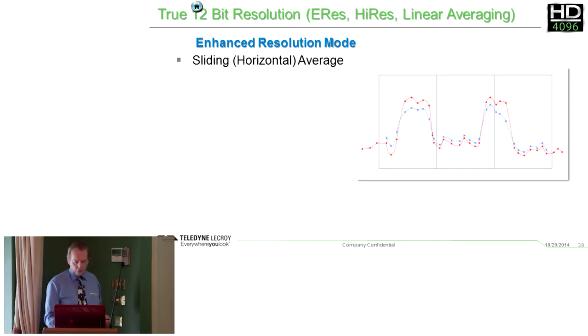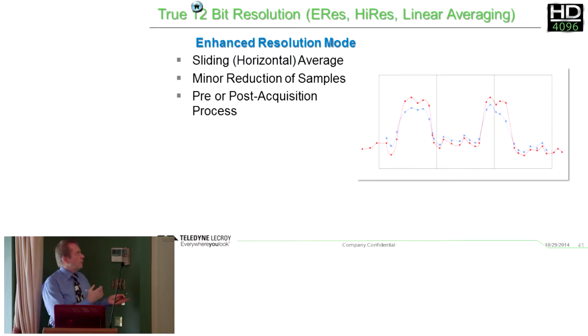So, sliding horizontal average, reduction in number of samples. Some people do it pre-acquisition, which means it can't be undone. You might see this called E-res or high-res. So sometimes it's pre-acquisition, sometimes it's post-acquisition. LeCroy have this capability as well, and we have it post-acquisition. That means you can turn it off and see what the original waveform looked like.